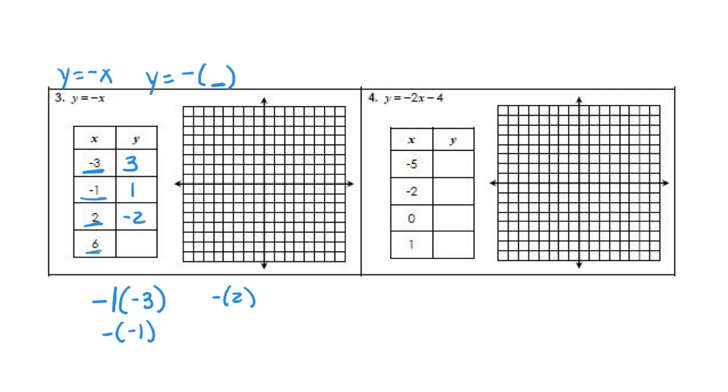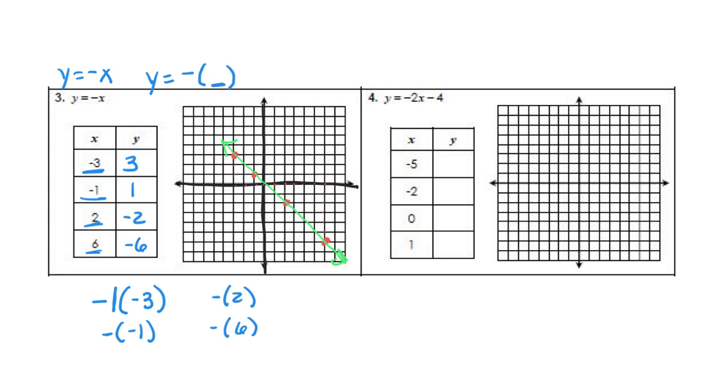And 6, negative 1 times 6 would end up being just negative 6. Now that I have all of my points, I can go ahead and graph them. And after I get all my points graphed, I can draw a line representing that function.